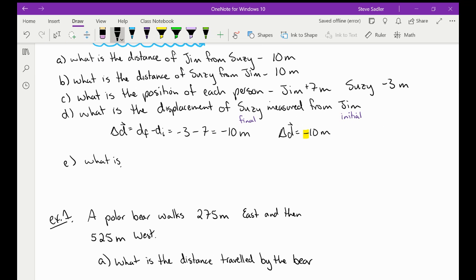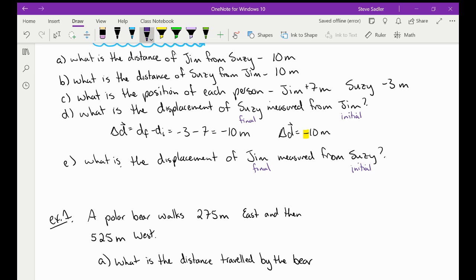What is the displacement of Jim measured from Susie? So the displacement of Jim measured from Susie, that means Jim is in the final position. We started at Susie, so she's in the initial position. And so we have our change in displacement is equal to position final minus position initial.